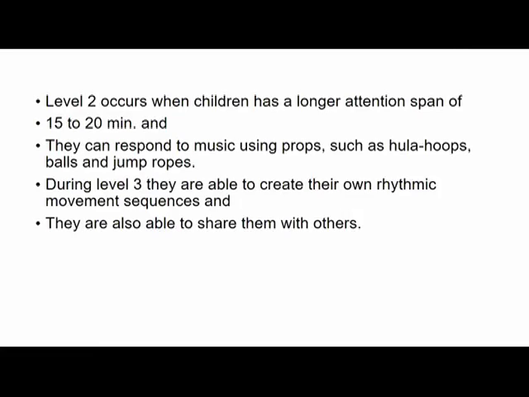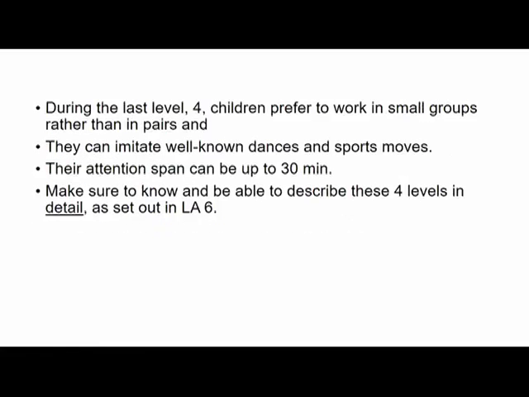Level 2 occurs when children have a longer attention span of 15 to 20 minutes, and they can respond to music using props such as hula hoops, balls, and jump ropes. During level 3, they are able to create their own rhythmic movement sequences, and they're also able to share them with others.